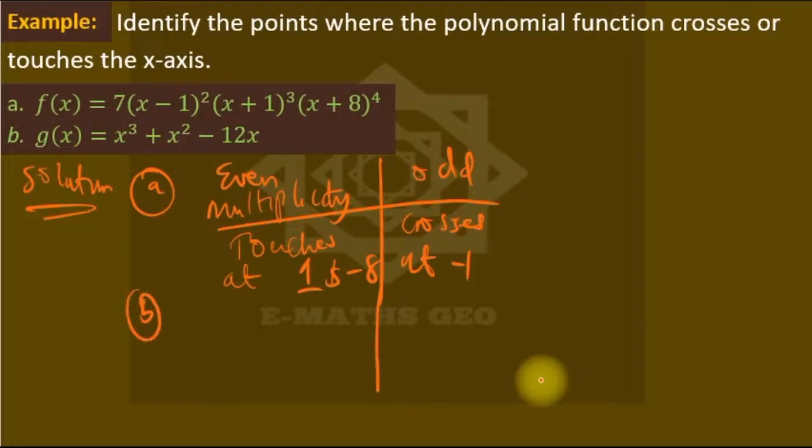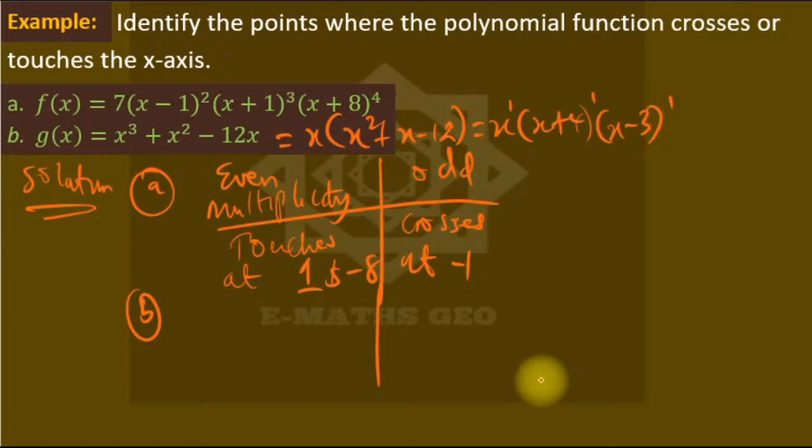The second one, we need to factor first. So let's factor this. This is x times x squared plus x minus 12, which could be written as x times x plus 4 times x minus 3. So the powers are 1, 1, 1.